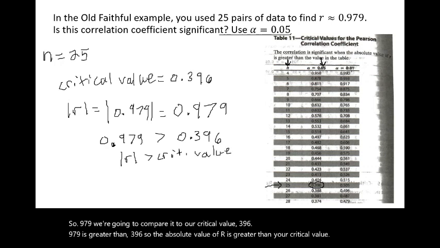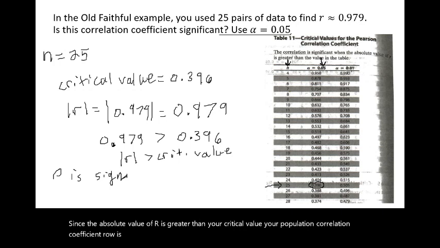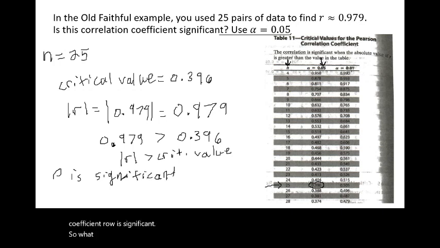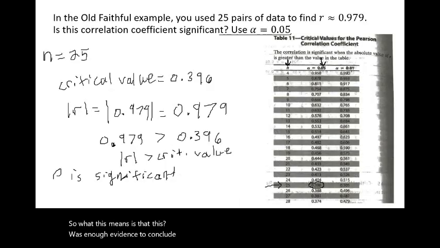Since the absolute value of R is greater than your critical value, your population correlation coefficient rho is significant. What this means is that this was enough evidence to conclude that there is a strong, significant linear correlation between these two variables for the population.